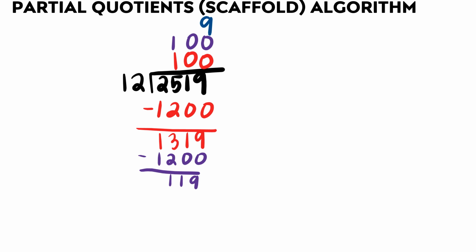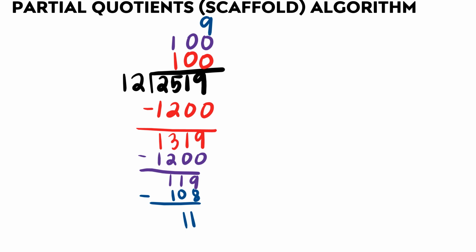All right, so 9 times 12 is 108. So we're going to subtract off 108. 119 minus 108 gives us 11. So now you know that 12 can't go into 11.